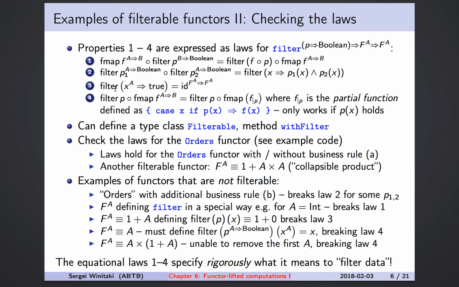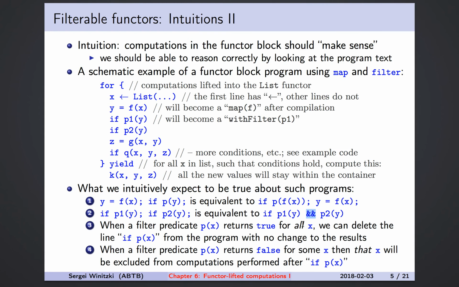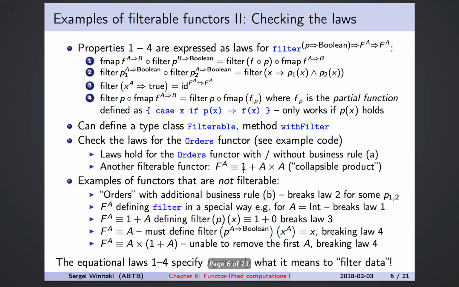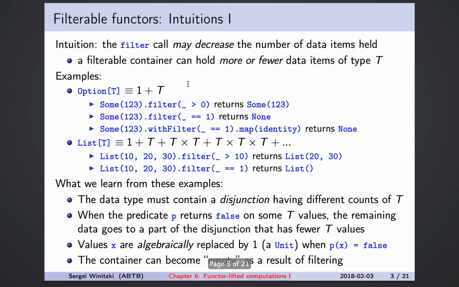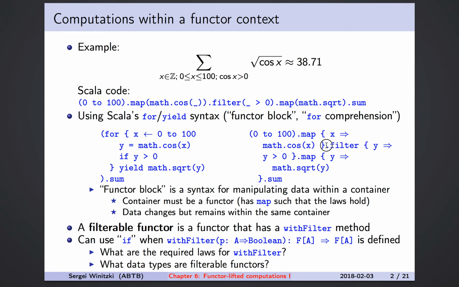The third law is that if the condition is identically true, it returns true for all x, then the transformation that the filter makes on the functor is identity. It does not change the functor value at all. And if this is so, then whenever you have a filter with identity function, you know that whatever was before is going to be identically preserved by that kind of filter.